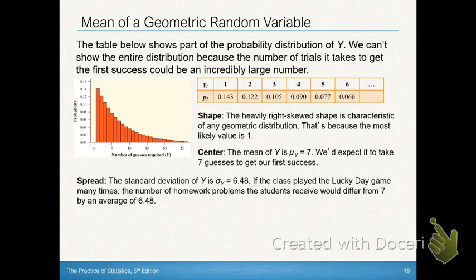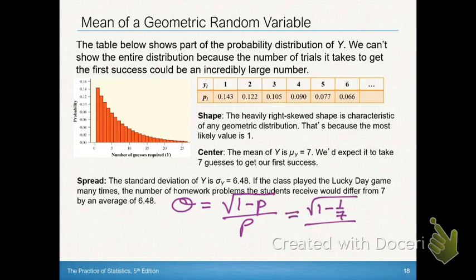To find the standard deviation, we're going to use the formula where we take the square root of the chance of failure and divide that by the chance of success. So again, our P, our chance of success here, is the 1/7. And if we were to do this calculation, that's where we're getting the 6.48 for the standard deviation.